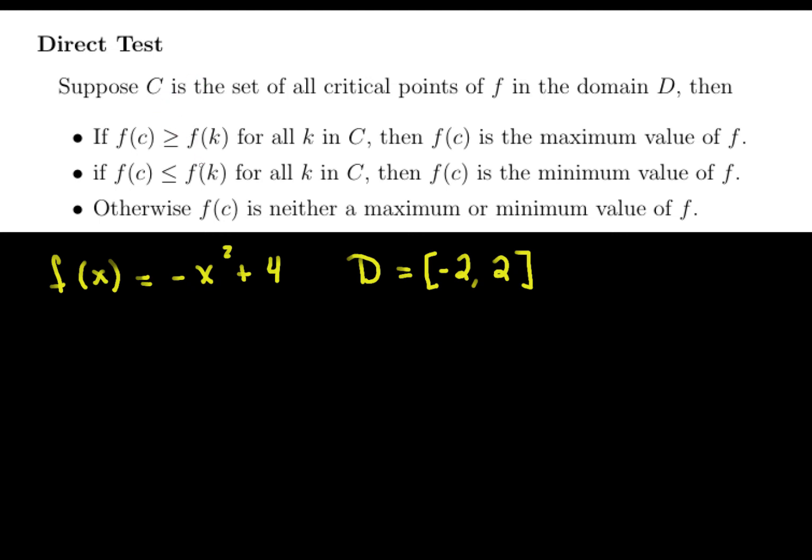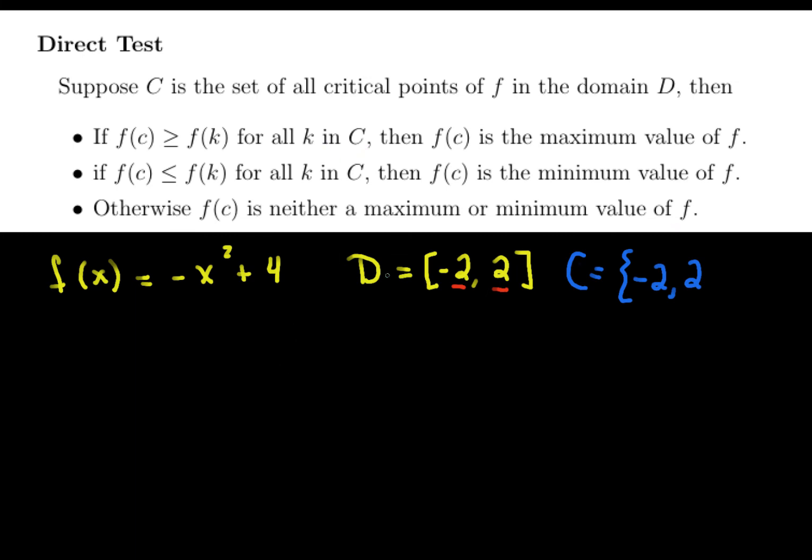So we need to find all the critical values. First off, -2 and 2 are going to be critical values because they're endpoints. So right off the bat, I know that my set of critical values, C, will have at least -2 and 2 as members. Now, there could be some others. There could be places where the derivative is 0 or the derivative doesn't exist.